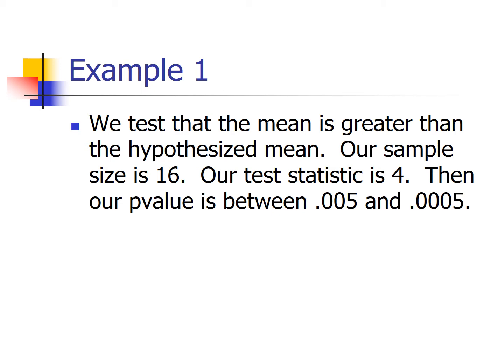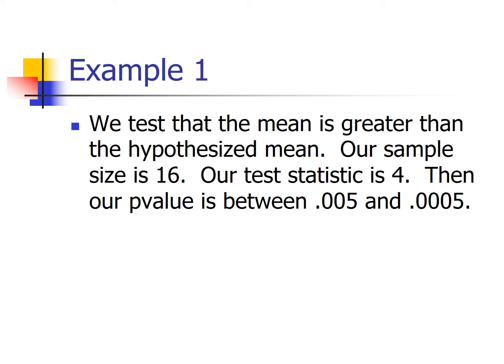So we go to the 15 row in our t-table, and we go across to try to find that test statistic, that 4. Notice the number 4 falls between those last two columns. It's very close to the last column. So it's between 2.947 and 4.073.